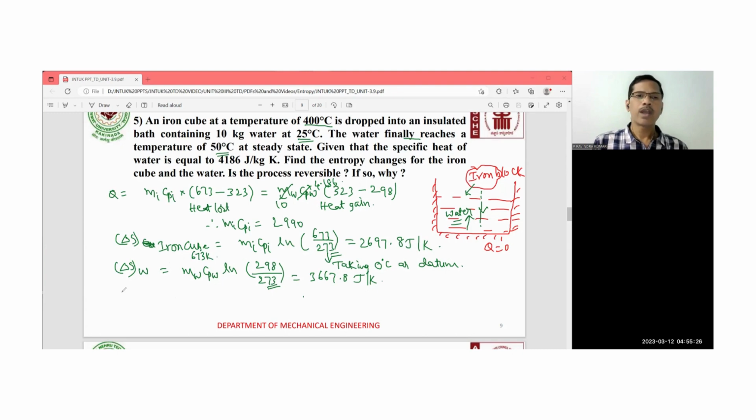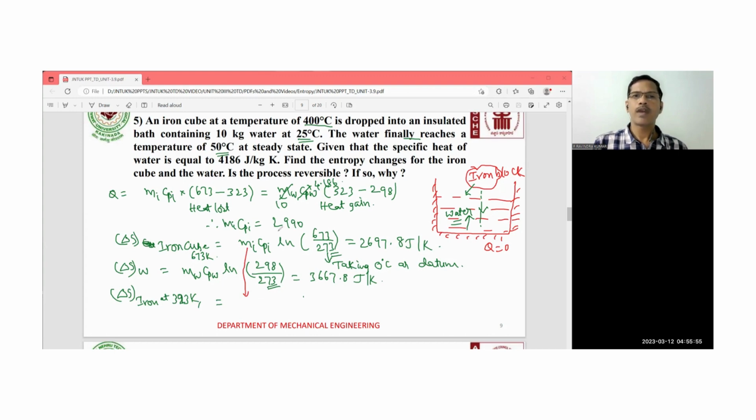But the entropy change of the iron at 323 Kelvin, then again it is nothing but equal to, connect to this one.